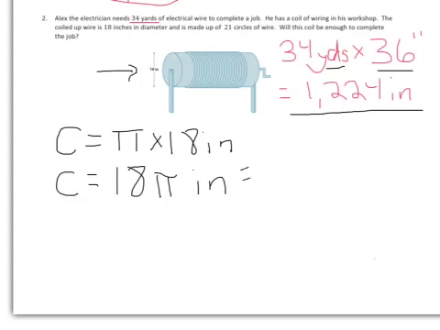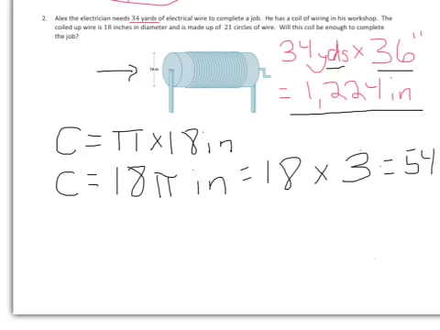Well, we multiply 18 times, let's just use a quick estimate of 3 for pi, instead of 3.14 or 3.14159. And 18 times 3 is the same as 30 plus 24, which is 54.